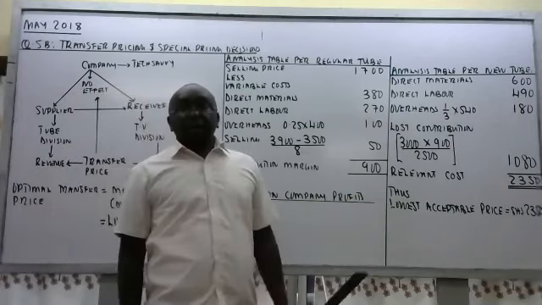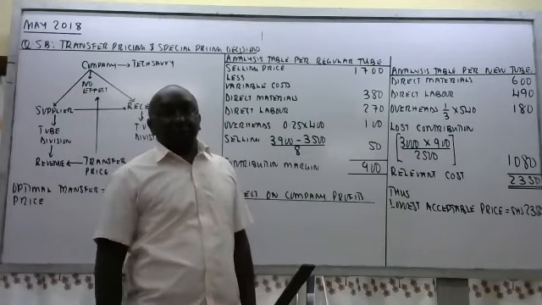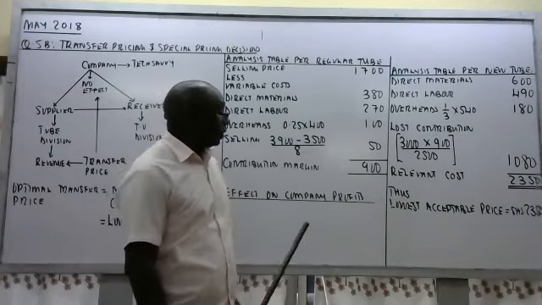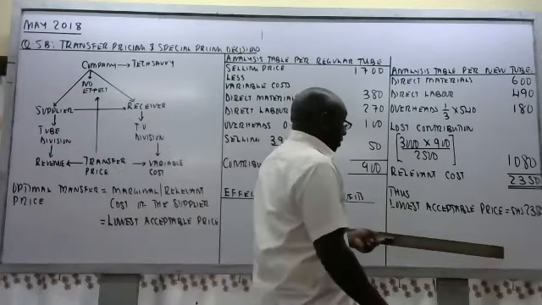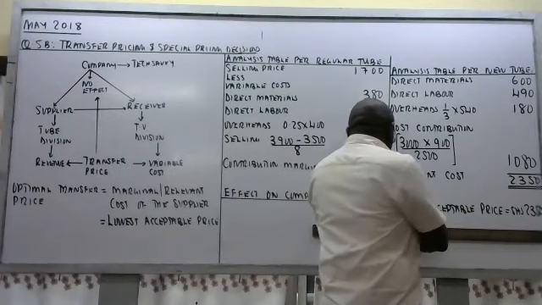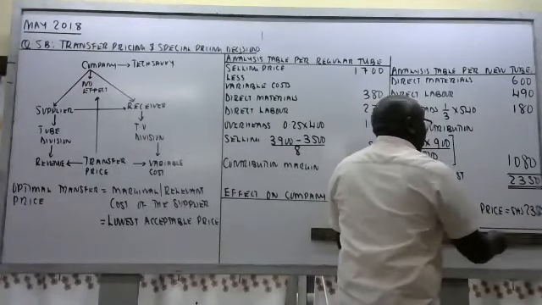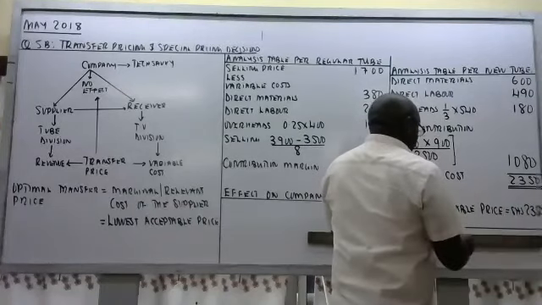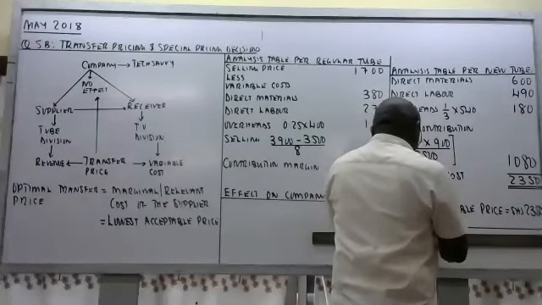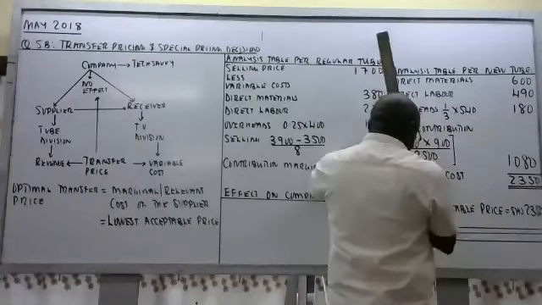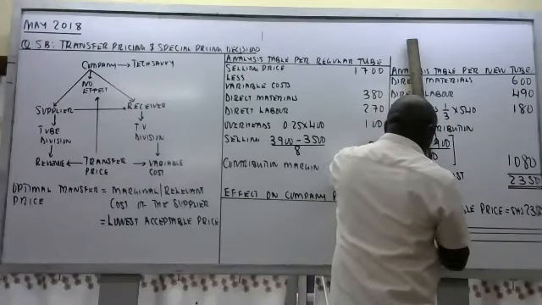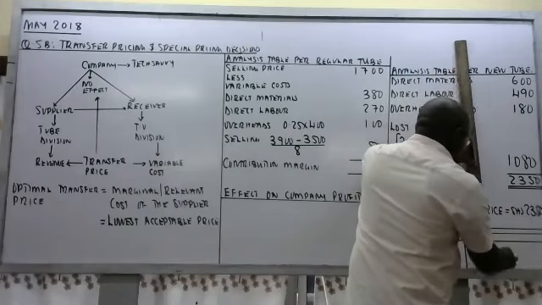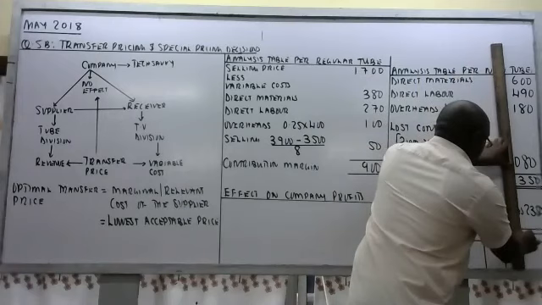This one has two ways you can follow. The first way, which I think the examiner, by distributing the marks, had in mind, was something like this. But this is not the one that we shall follow.